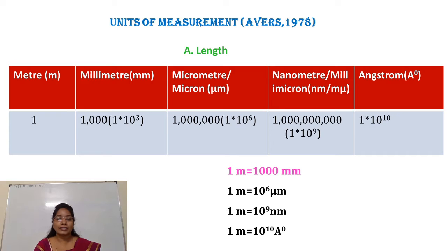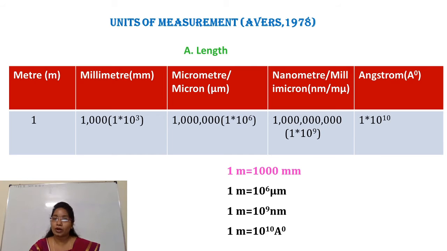So, these are the units of measurement. For measuring length of a particular cell, the standard unit is meter. As we know, 1 meter is equal to 1000 millimeter. Similarly, 1 meter is equal to 10 to the power 6 micrometer.